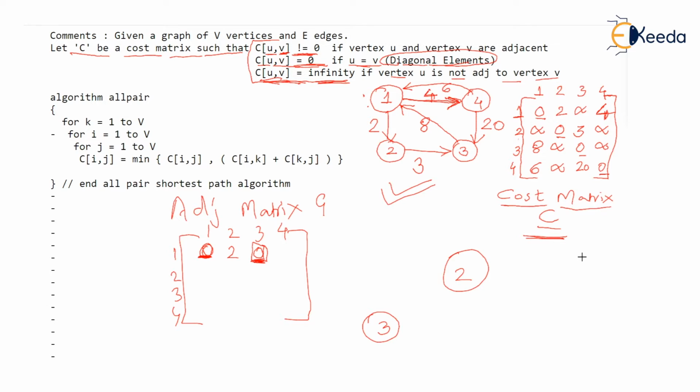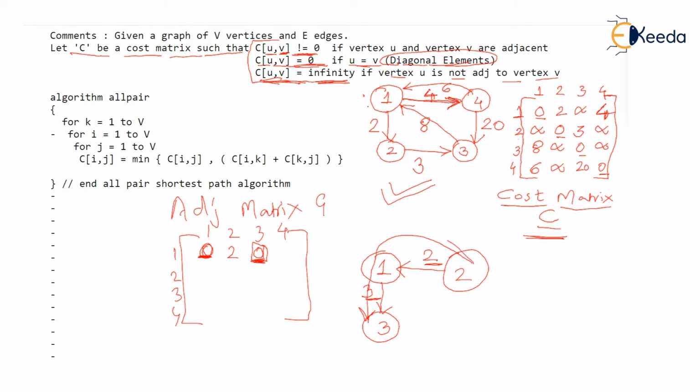Yes, I fully agree that there can be another path from 2 to 3. Maybe 2 has a directed edge to 1 with a weight 2 and 1 has a directed edge towards 3 with a weight 3. Then actually 2 to 3 is possible. 2 to 3 is possible via 1. And the cost will be 5 actually. 2 plus 3, 5.